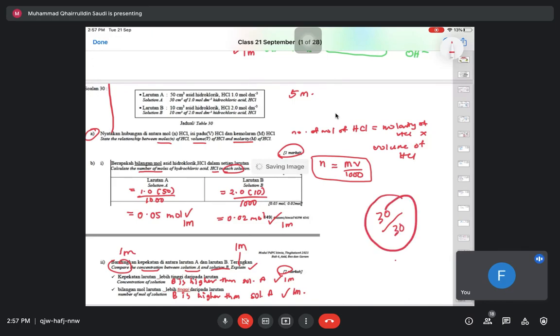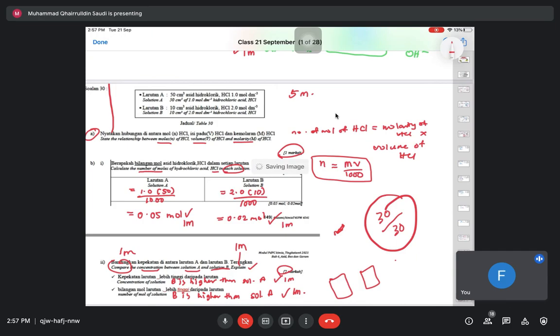And then tangkap gambar latihan awak, kalau dekat modul soalan 30 ni, dengan dekat dalam buku nota, and then upload in the Google Classroom under homework 4.